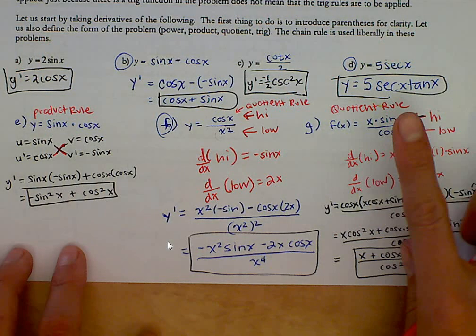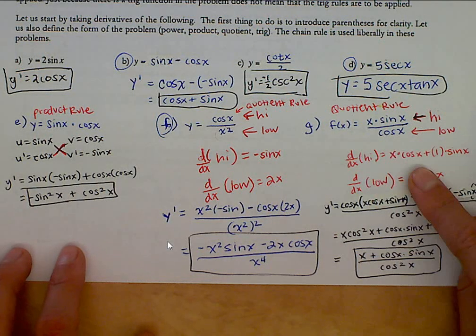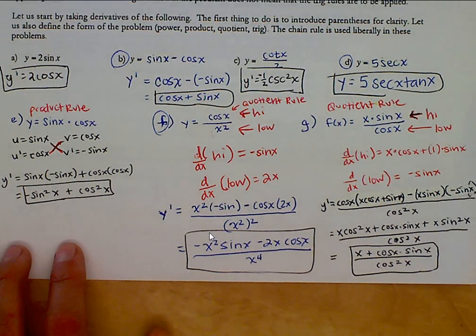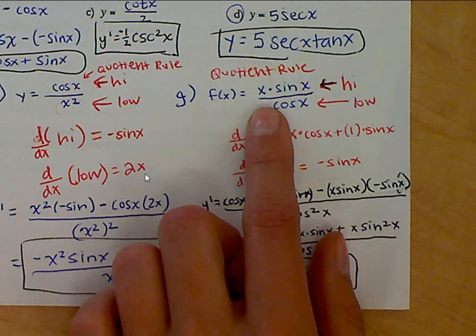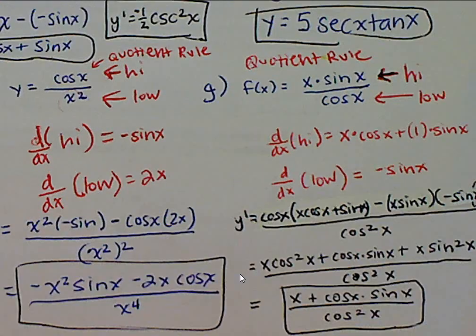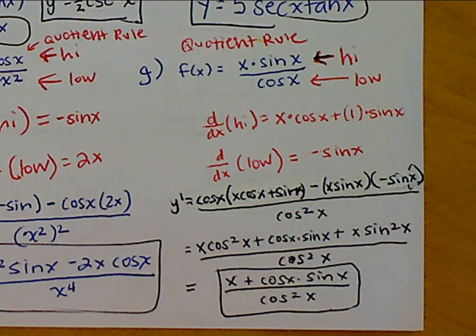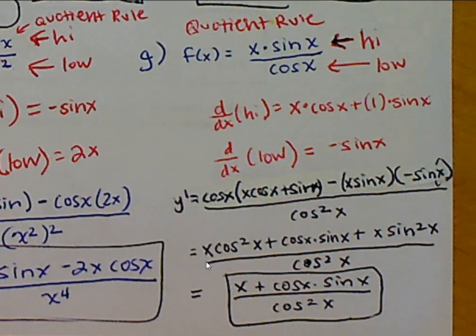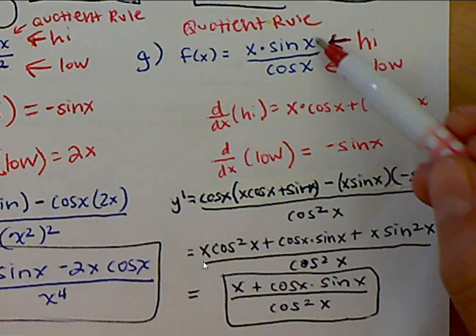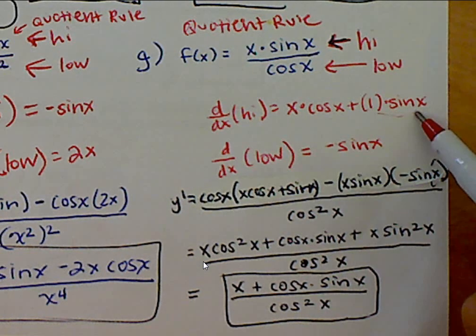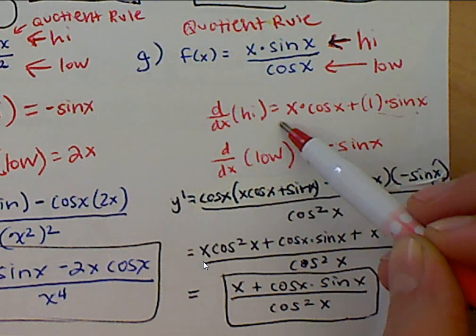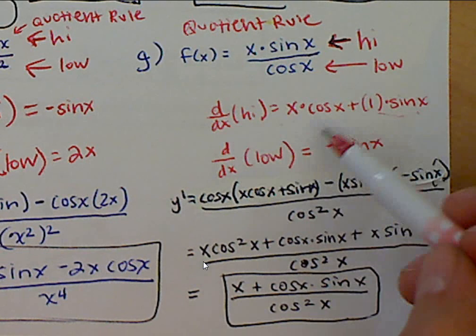And then for this quotient rule, remember I said we did have to use the product rule inside of it. I will zoom in on this one because there's a lot going on in this problem. Sorry, you probably ran out of space. So when I take the derivative of high, d high, I have to use my product rule. So I used my product rule to get the derivative of what's high.